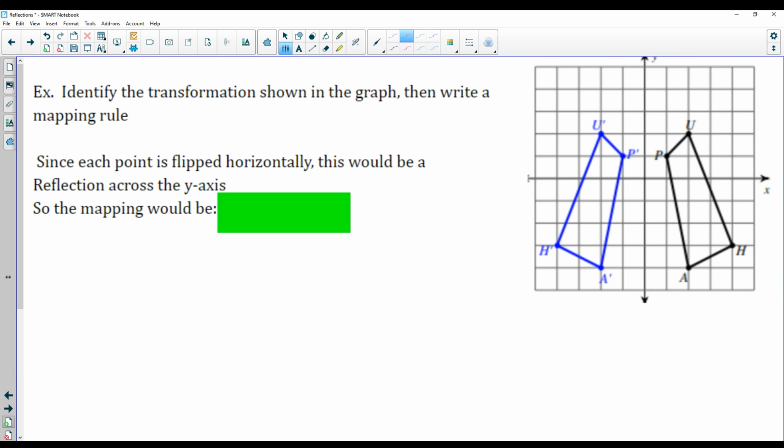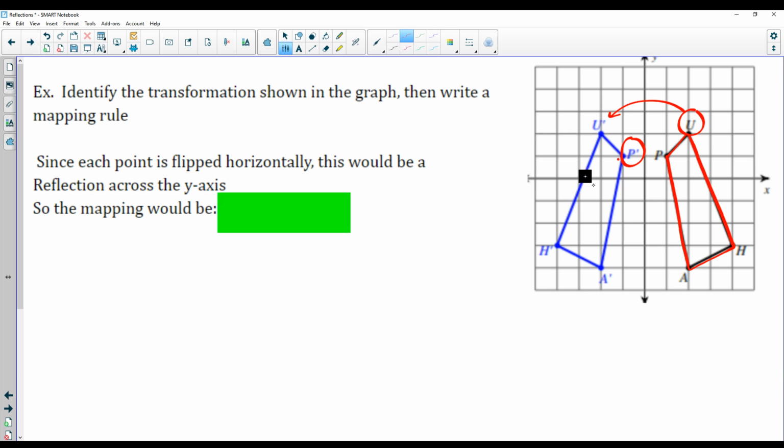In this case, identify the transformation shown in the graph, then write a mapping rule. So if we look here, this is the original, and P prime would be the image, and U prime, okay? Notice they're directly across from each other, but the shape has been flipped, okay?